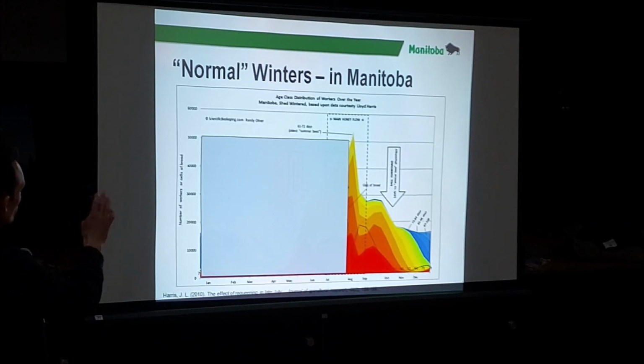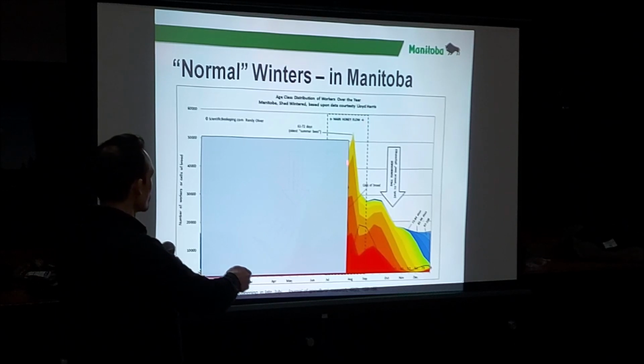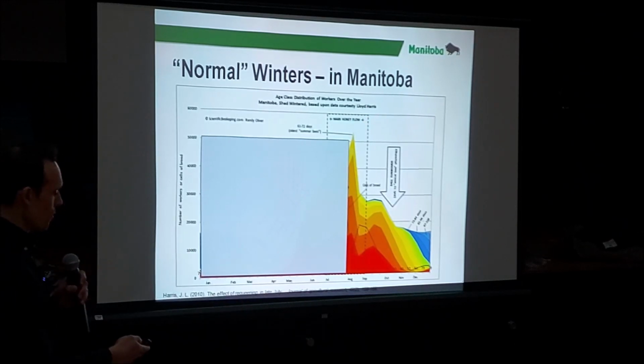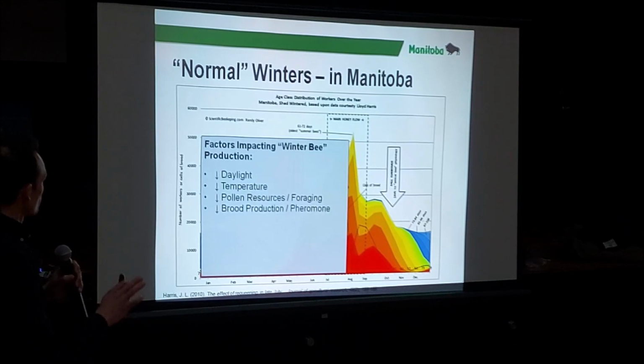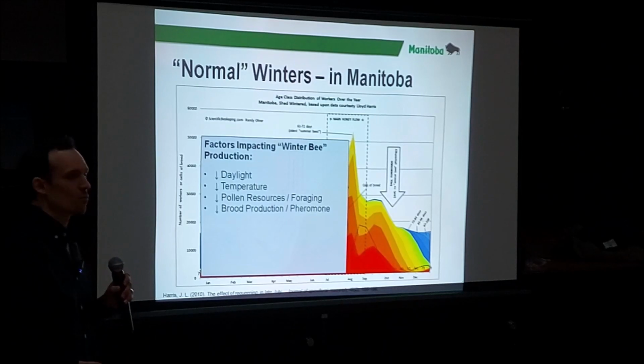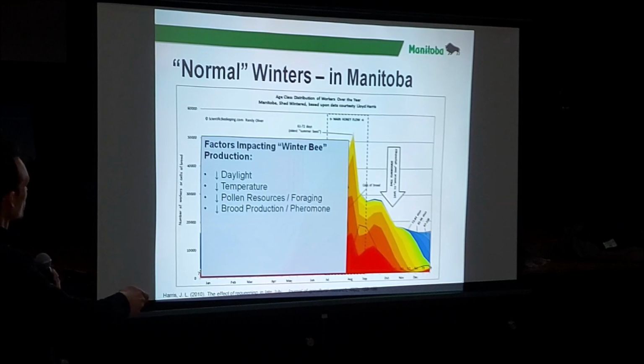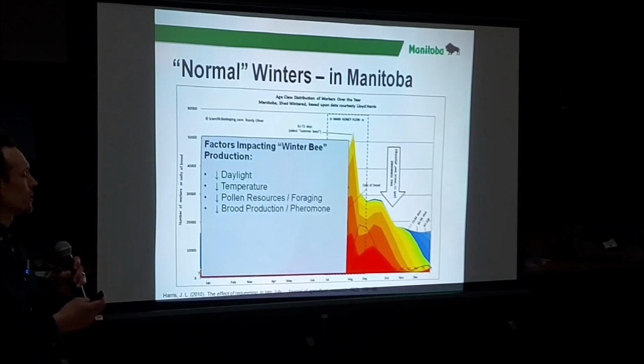If we block out that section, we'll focus mostly on basically from peak honey flow until the fall here. We'll touch on the factors that impact the actual production of winter bees going into winter. As things change in the fall time, as the amount of daylight decreases and the temperature drops, both of those things impact the population dynamic and influence the production of winter bees.